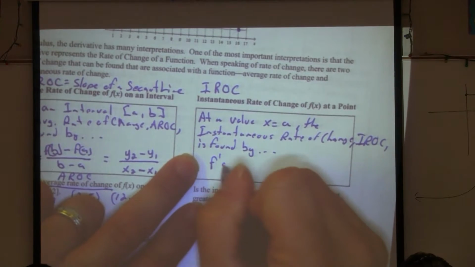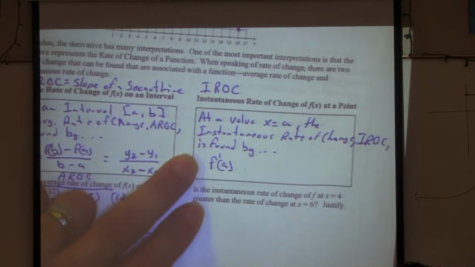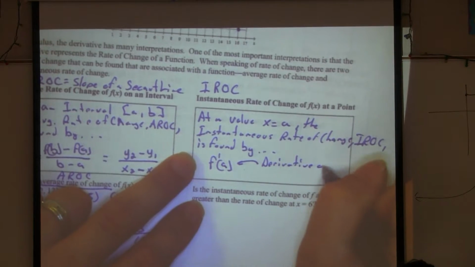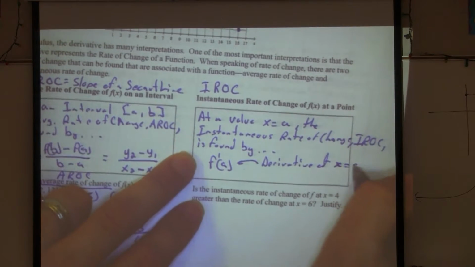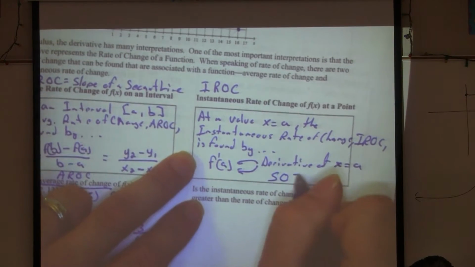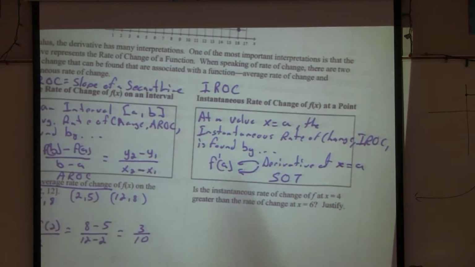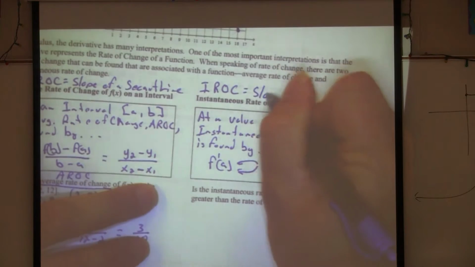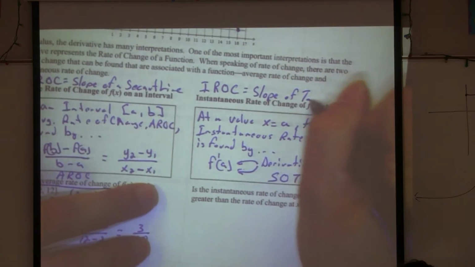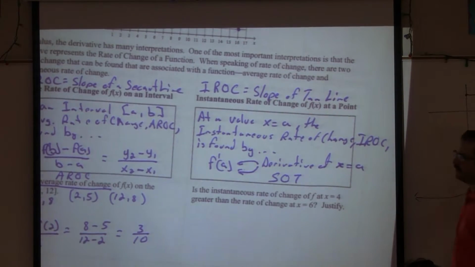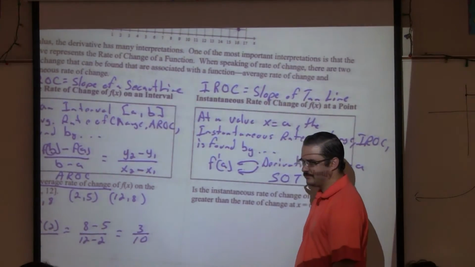By evaluating the derivative at that value, right? So f prime of a, we call that the derivative at a, for x equals a. And another acronym that we could use is the slope of the tangent. So up here under IROC we could say what? Slope of the tan line is what IROC would be equal to. Good.